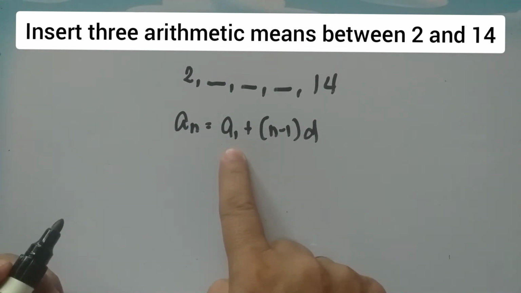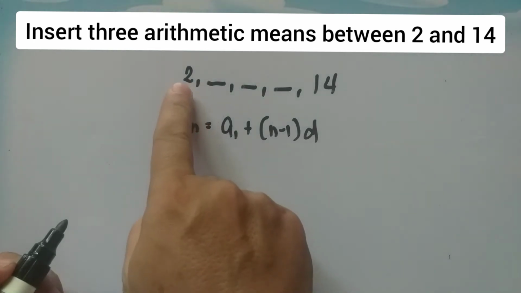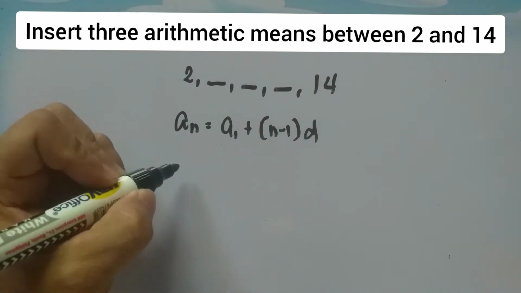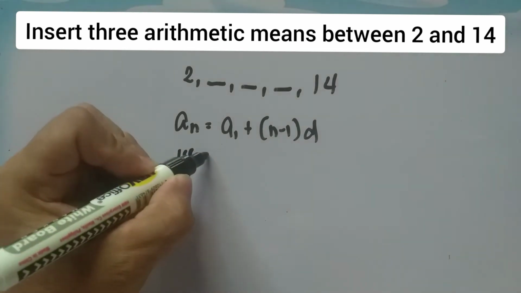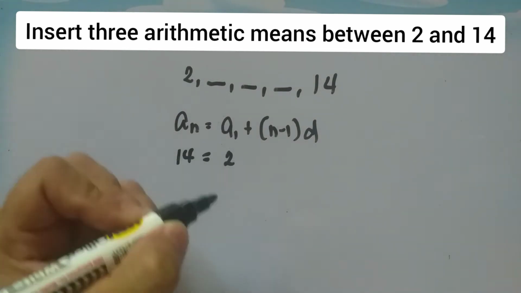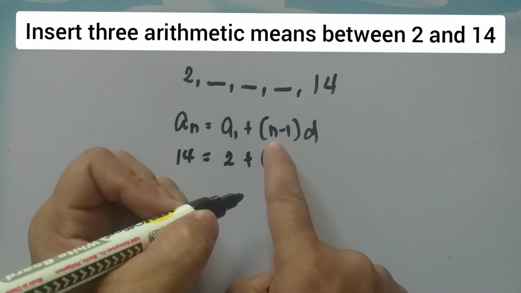Our purpose here is to find the value of d, or the common difference, which will be used in finding the succeeding terms after the first term. So a sub n is 14, or the last term. Then our a sub 1, or the first term, is 2 plus n. So this is the number of terms.